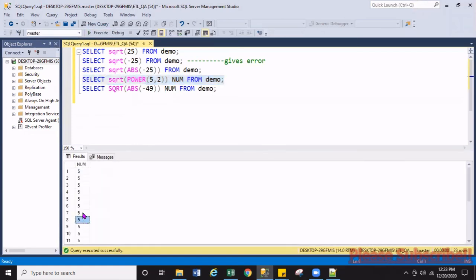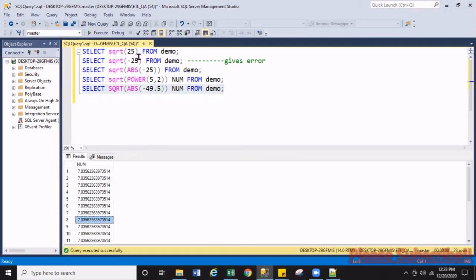Similarly, minus 49: I use the ABS function and then take the square root. Let's see if I can use decimal points, for example 49.5. It will give the square root of that also. So any number that you give, it will make the square root.